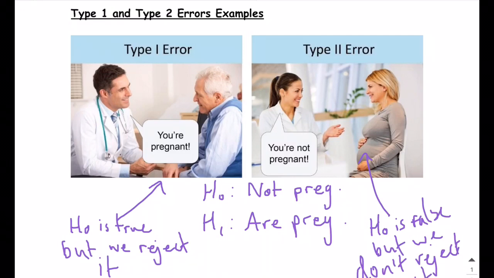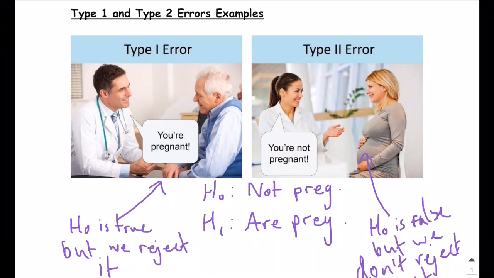So these are the two errors that we can make. Type 1 error, okay, telling an old man that he's pregnant, maybe a bit of a shock to him, but it's not really that bad, I guess, maybe. Type 2 error here, okay, telling that lady that she's not pregnant when she actually is is probably a little bit worse.